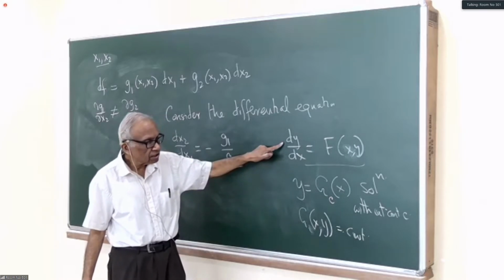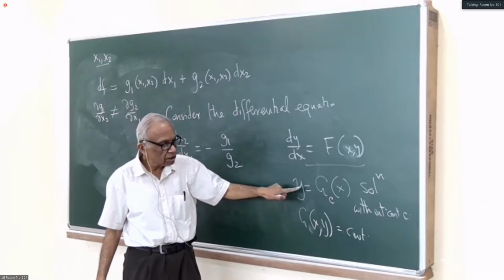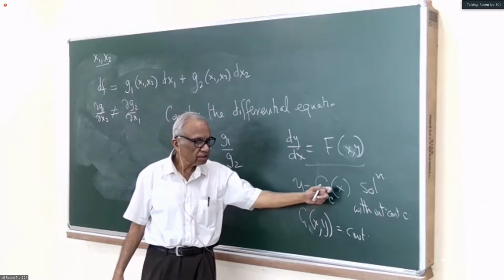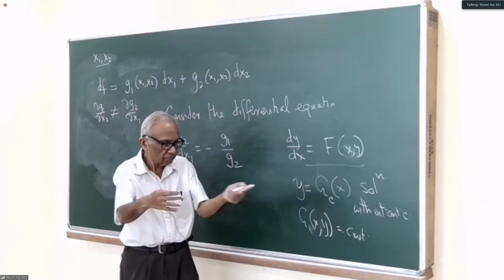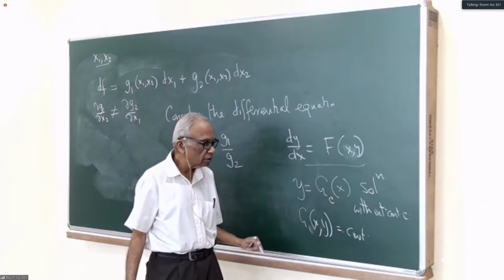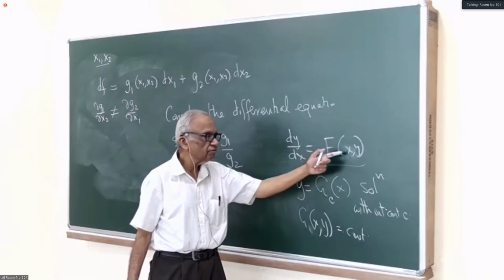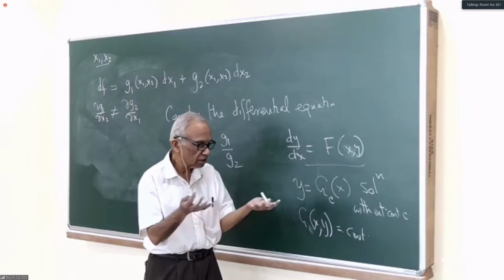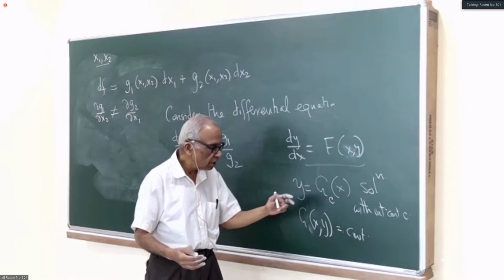So dy dx equal to f of x, y. A solution would mean that you write y equal to g_c of x, with a constant c somewhere, but that may not always be possible. For example, this f of x, y may be such that y always enters in combination with x or with some higher power, and so on and so forth.